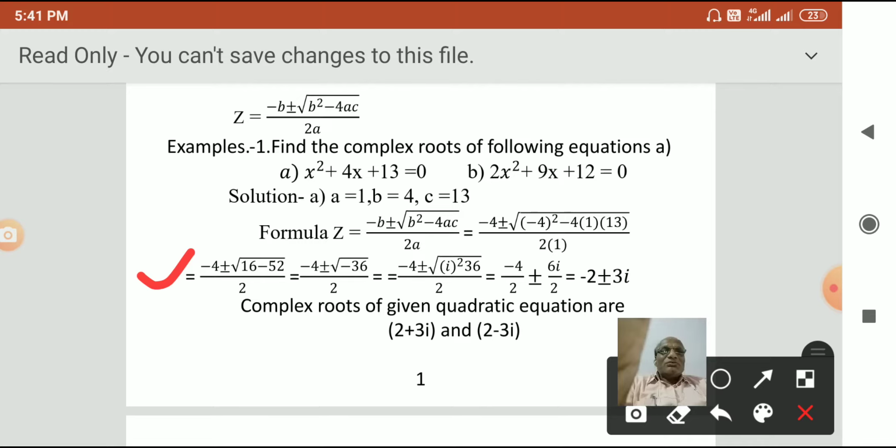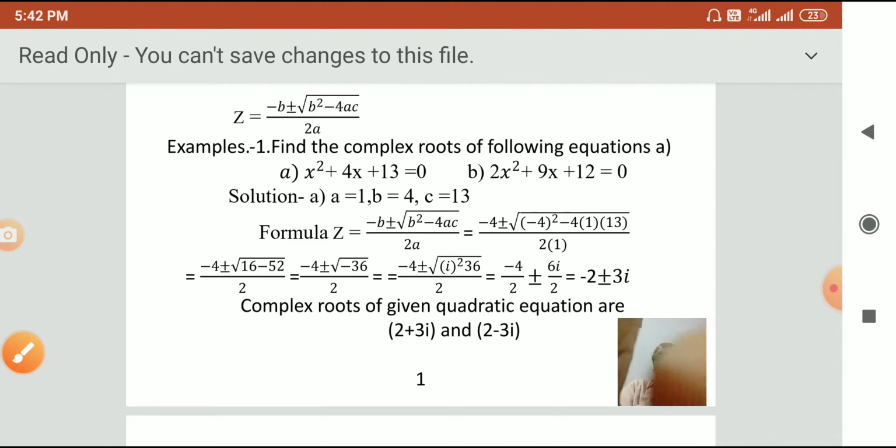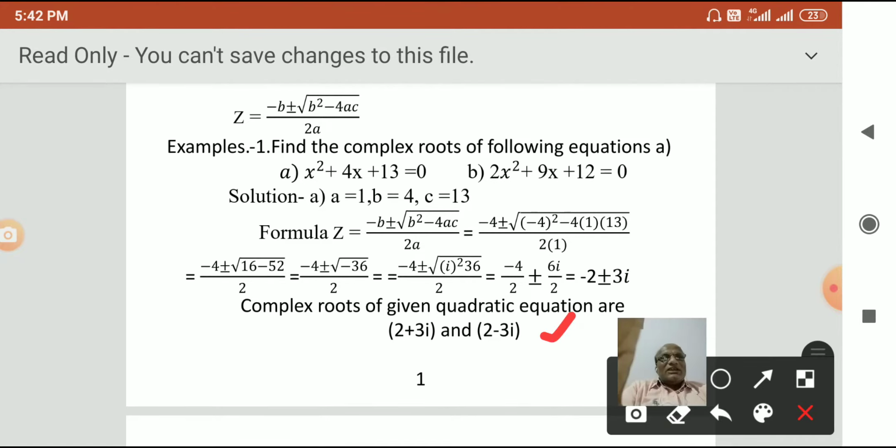So minus 4 plus or minus, instead of minus 1 we use i square. So here that is minus 4 plus or minus i times square root of 36, divided by 2, which is equal to minus 4 divided by 2 plus or minus 6i divided by 2, which is equal to minus 2 plus or minus 3i.